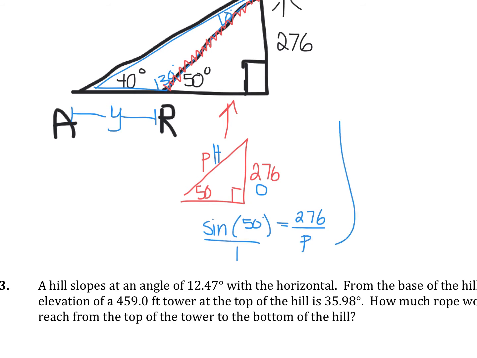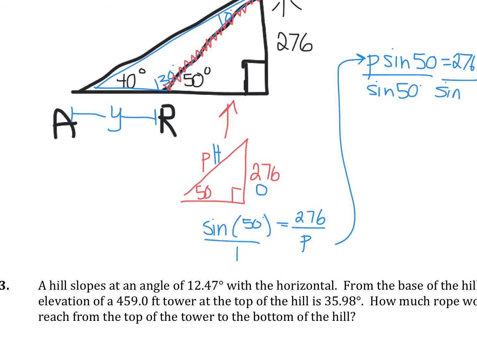I will get P times the sine of 50 degrees equals 276. To get P by itself, I divide both sides by sine of 50 degrees. And now I don't want to type this into my calculator yet unless I store it.